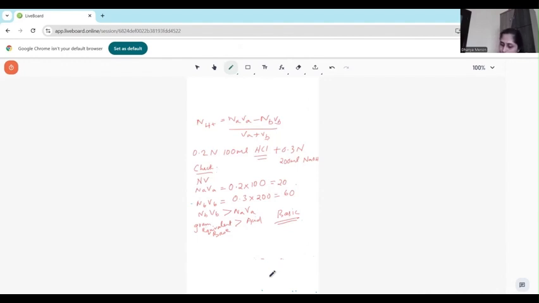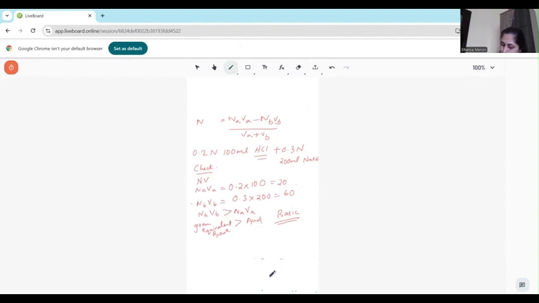Here, the same formula: normality of OH minus ions is equal to NbVb minus NaVa by Va plus Vb. Do we have all this information with us? We do have. I'm just rubbing off the question over here.